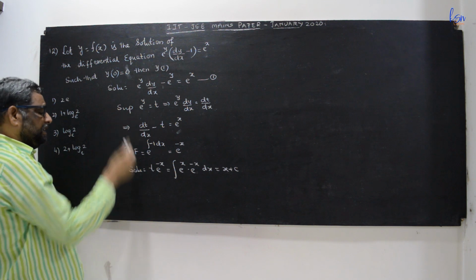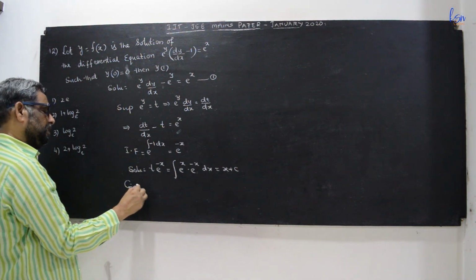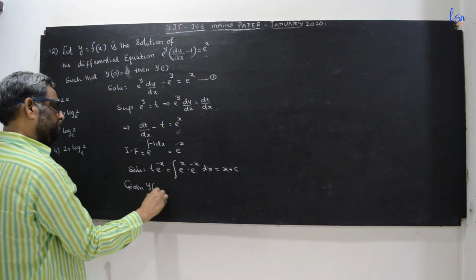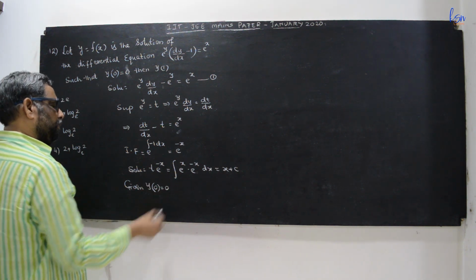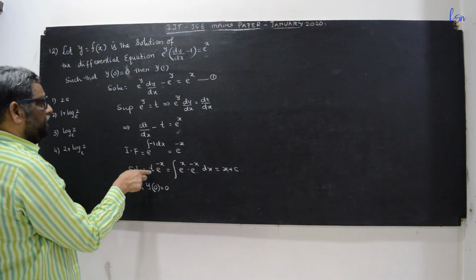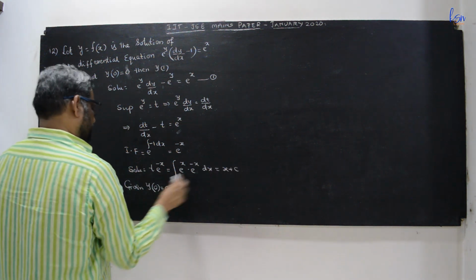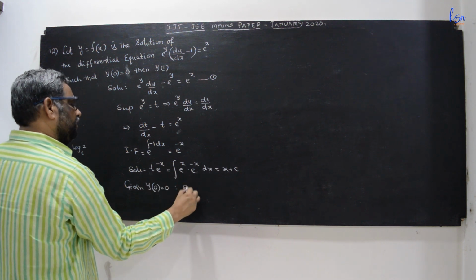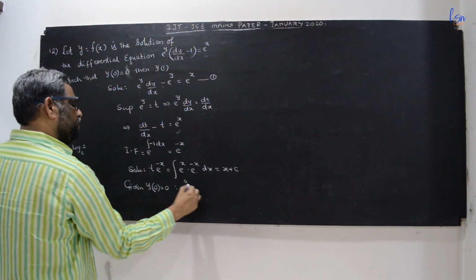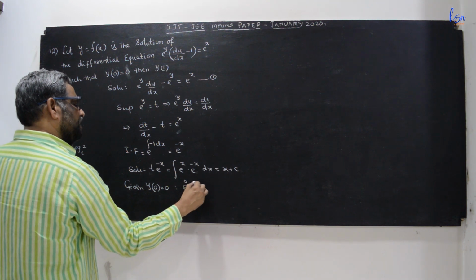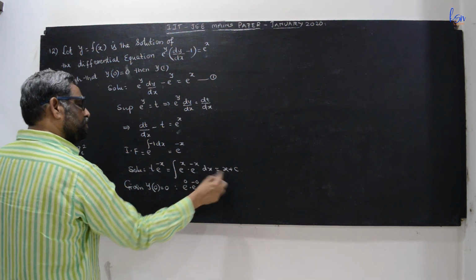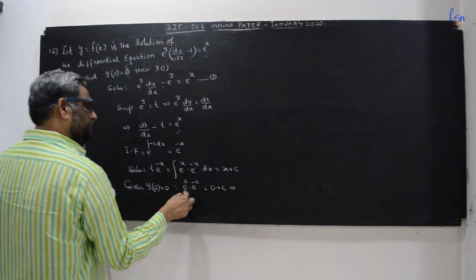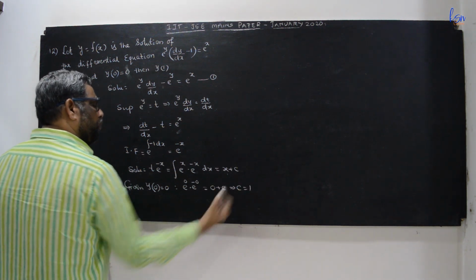Now given y of 0 is equal to 0. Now here t is e power y, so this is e power 0 into e power minus 0 is equal to 0 plus c, c is equal to 1.